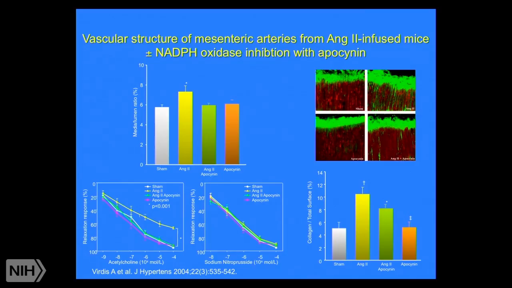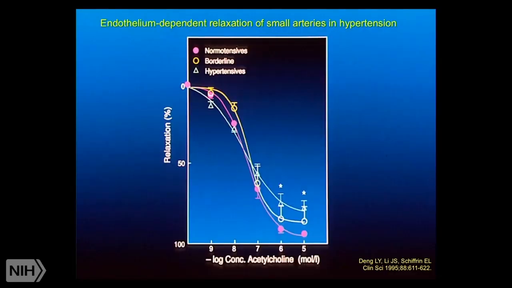Now, I've shown you endothelial dysfunction. Indeed, endothelial dysfunction is present in humans at the level of small arteries, with intermediate levels of impairment in the case of individuals with borderline hypertension.